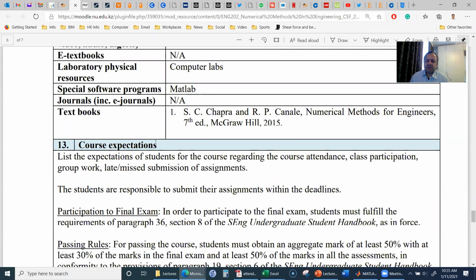Although lab 1, lab 2, lab 3, lab 4, which are mentioned over here, are about the assignments, the lab sessions may be more than that. So you should also attend at least 80% of the lab sessions to be eligible for the grades. But submission of all lab assignments is compulsory, okay.